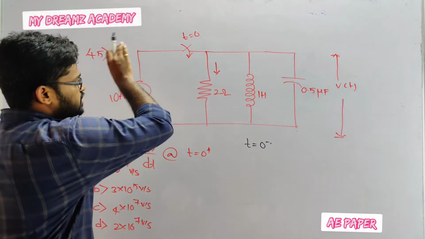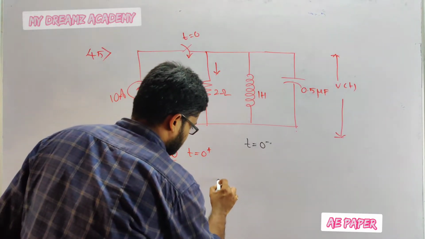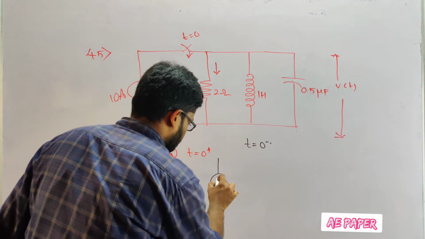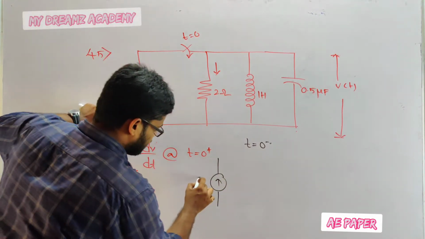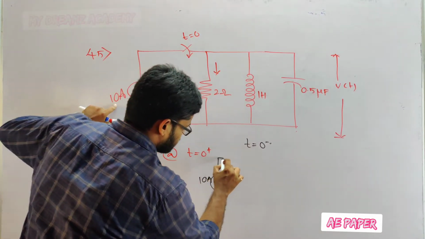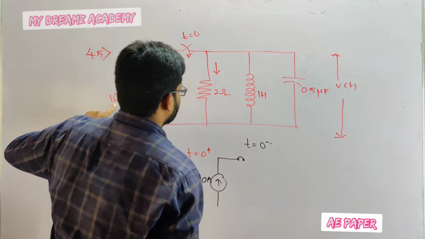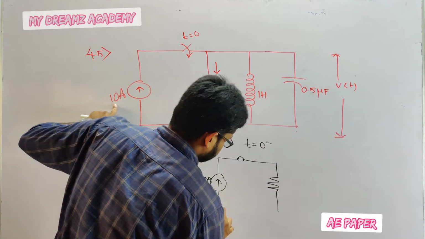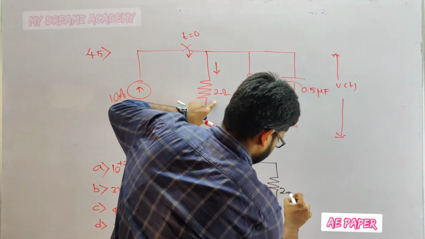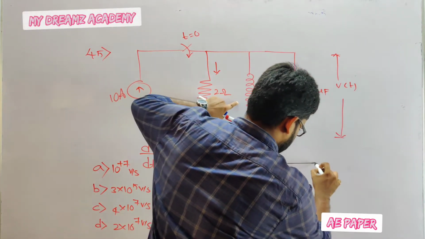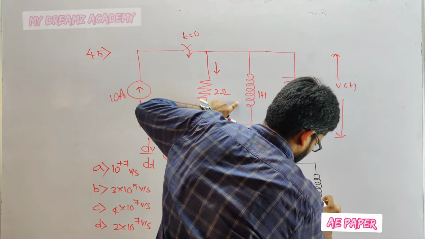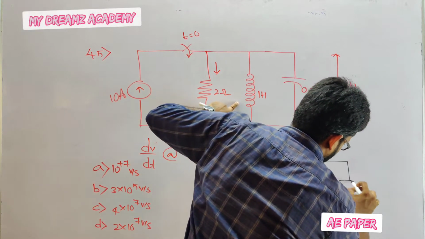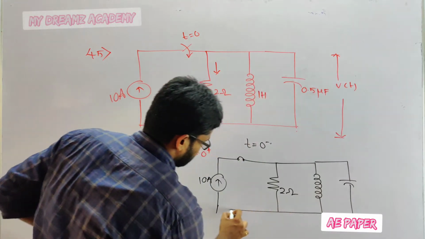When the switch is closed, the current is 10 ampere. This is 2 ohm, and we have an inductor and a capacitor like this.